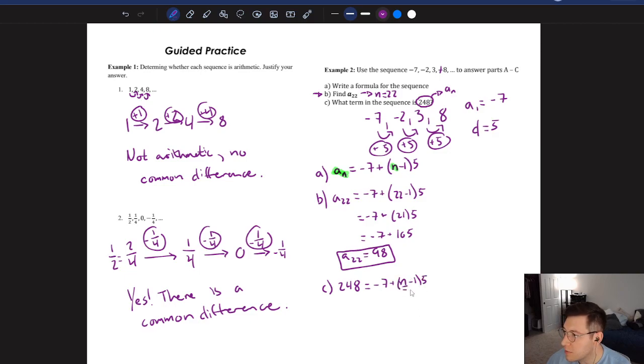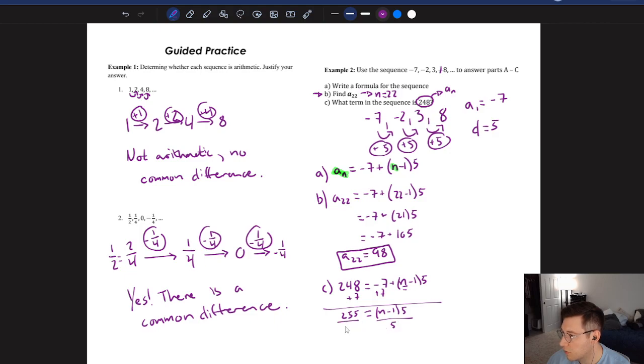I need to keep this n because really what this is asking, if I'm looking for a term number in the sequence, I'm trying to solve for n. And so I'm going to add 7 to both sides. Find that 255 is equal to n minus 1 times 5.